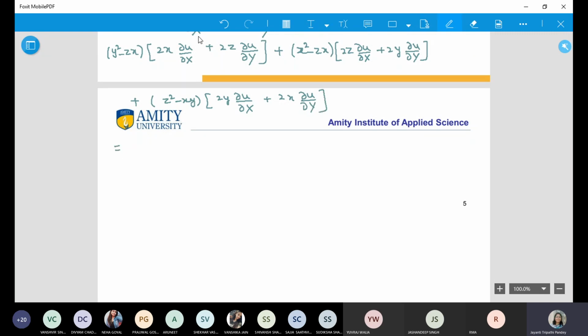Now you collect the terms. If I am collecting del u by del capital X, I'll write all the terms that are coming to it. See, I'm multiplying it, okay? So this is 2xy square minus 2zx square. From here I am getting that. And then from here I am getting plus 2zx square minus 2xz square. And then here I am getting plus 2yz square minus 2xy square.